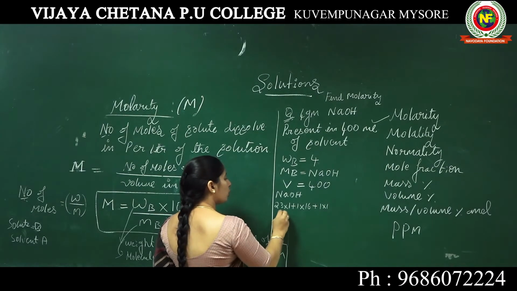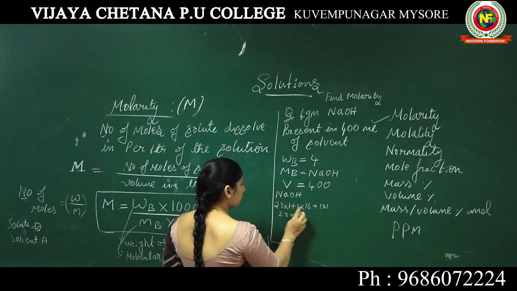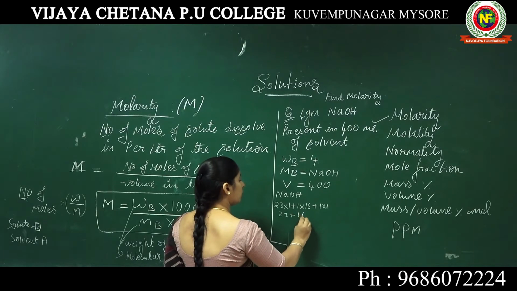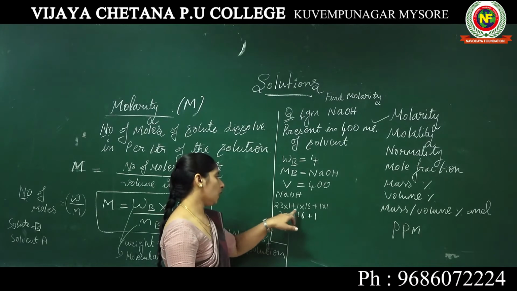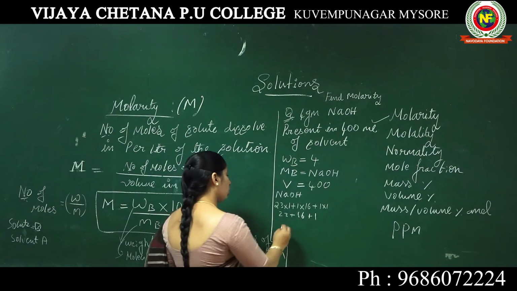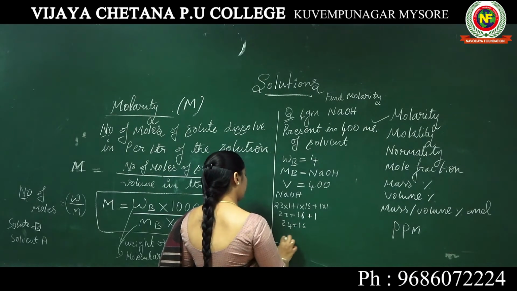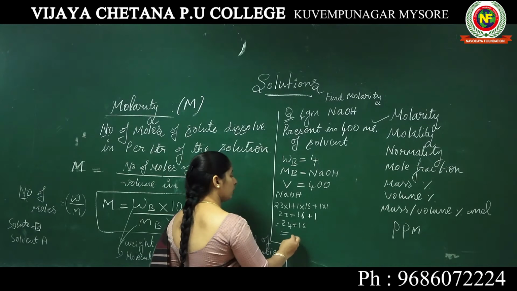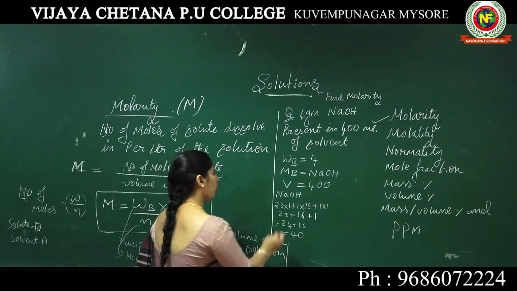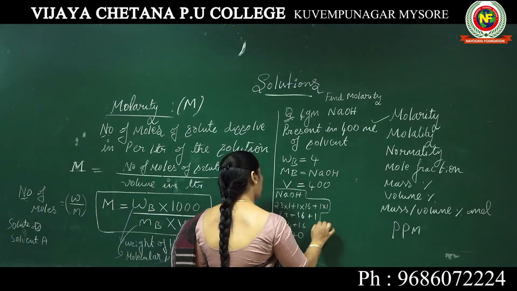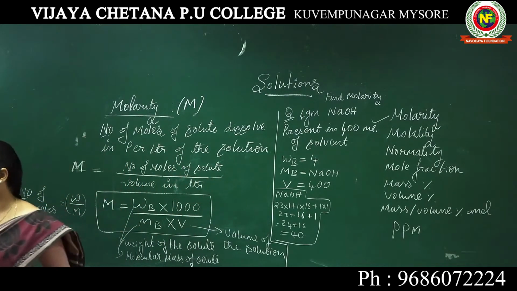So 23 plus 16 plus 1, that is 24 plus 16, totally 40. The molecular mass of NaOH is 40.